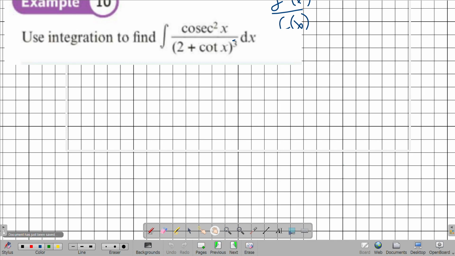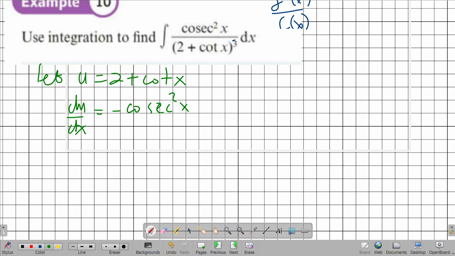So if I say let u be equal to 2 plus cot x, du over dx is going to be minus, not 2, minus cosec squared x. You don't really need to do the derivative of cot x because I believe it's found in the formula.